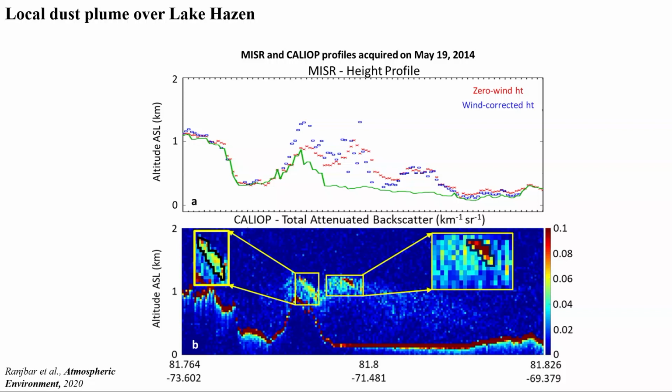The green line is the surface of the Lake Hazen area, and the dots give the height of the plume using stereoscopic techniques, obtained by the MISR multi-angle imager. On the bottom is the CALIOP LiDAR on the A-Train. The brightness and colors of the points indicate the strength of the aerosol backscatter, and they more or less coincide with the plume heights in the upper plot.